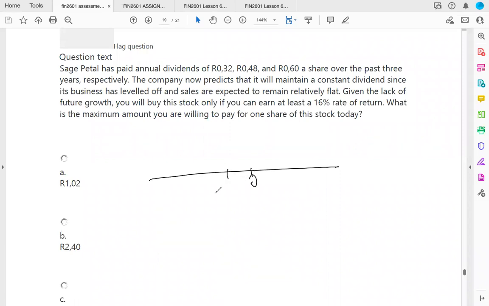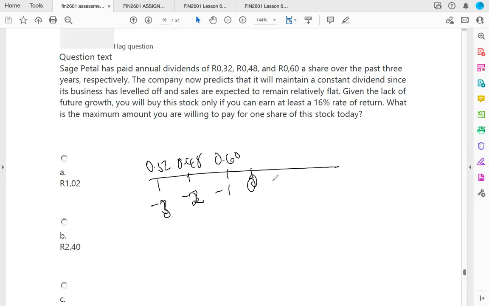We are at time 0, and we've been given the past dividends. Over the past 3 years, the company has paid dividends of 0.32, 0.48, and 0.6.